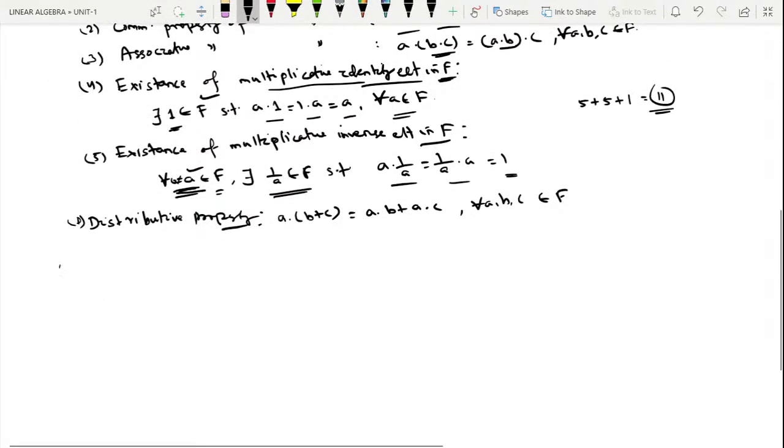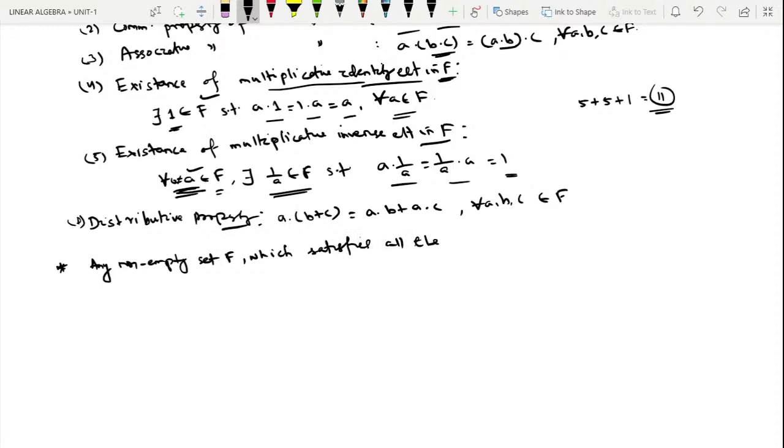So I can write: any non-empty set F which satisfies all the 11 properties mentioned above is said to be a field.